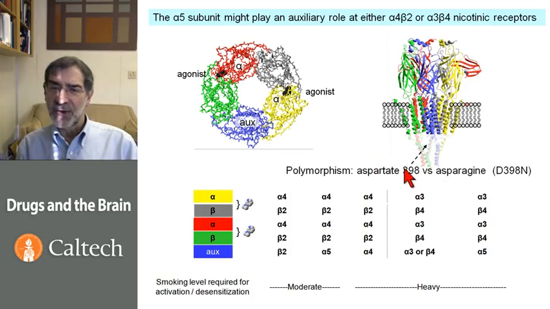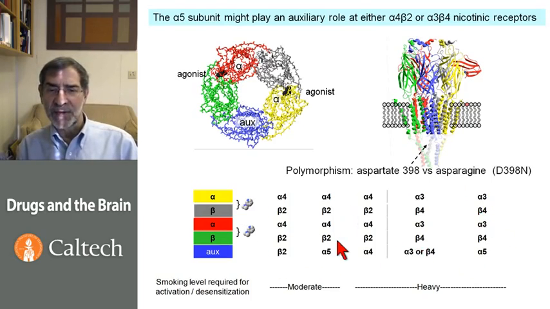We know that the amino acid encoded at position 398 is either aspartate or asparagine, depending on which allele a person has. We also know that the alpha 5 subunit can take its place in 2 types of nicotinic receptor. You'll remember that the alpha 5 subunit is in a cluster with alpha 3 and beta 4, and in many cases in the nervous system, the auxiliary subunit can be alpha 5 in an otherwise alpha 3 beta 4 receptor.